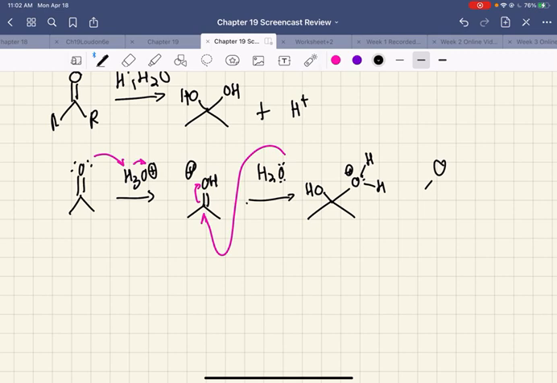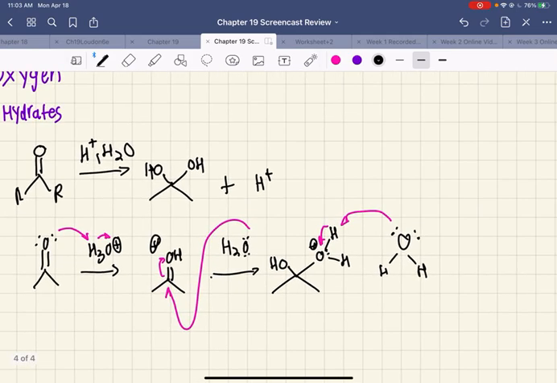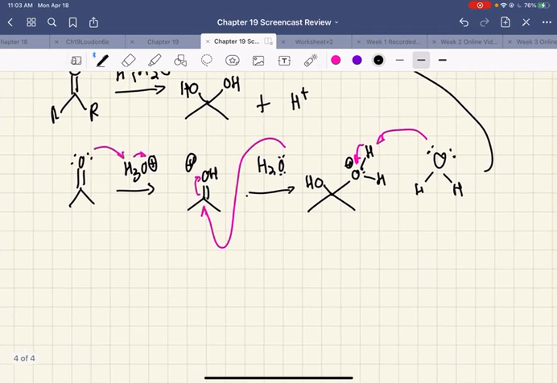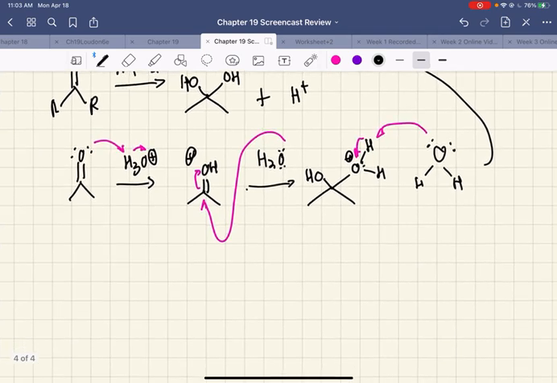And then the lone pairs again from H2O deprotonate. And the final product is this one. Okay, so that was the formation of a hydrate.